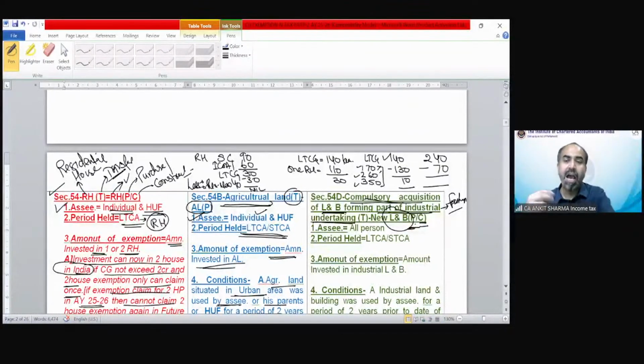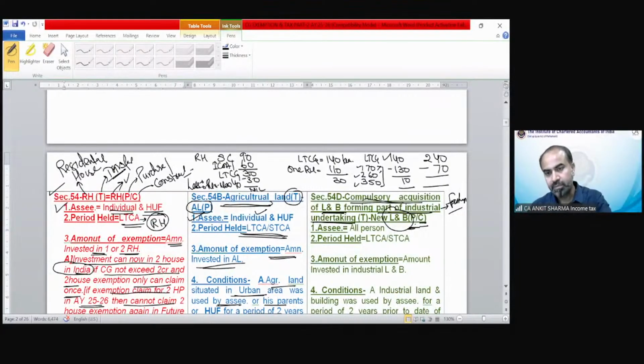Suppose I am having a factory, I sell it to someone and get the money. And now from that money, I am going to purchase a new factory. So will this exemption apply? No, because it should be a compulsory acquisition by government of your factory. Only in that case, if you purchase new land and building for your industrial undertaking, you can have the benefit.